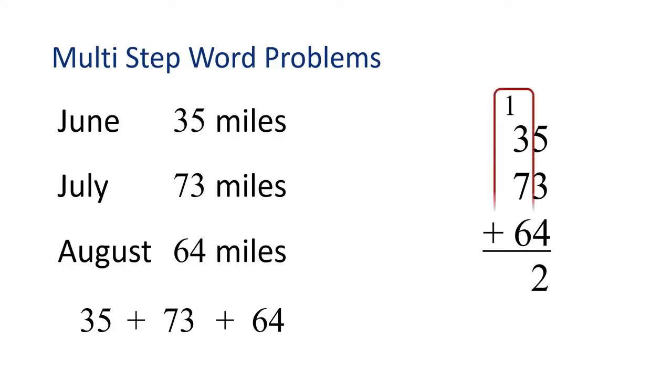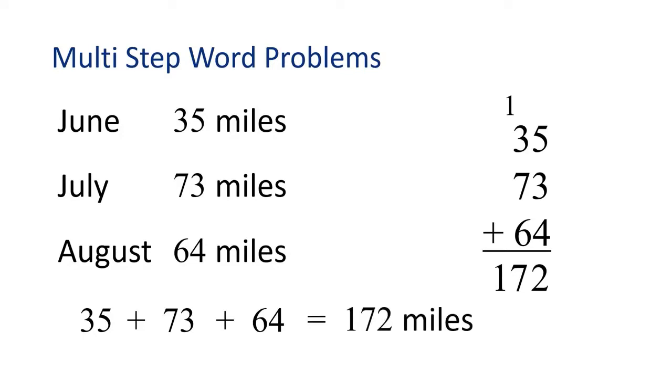Next, we add down in the tens column, starting with the 1 that we just carried. 1 plus 3 plus 7 plus 6 is 17. We can write 17 below, just make sure the 1 is in the hundreds column. Altogether, we found Tom rode 172 miles.